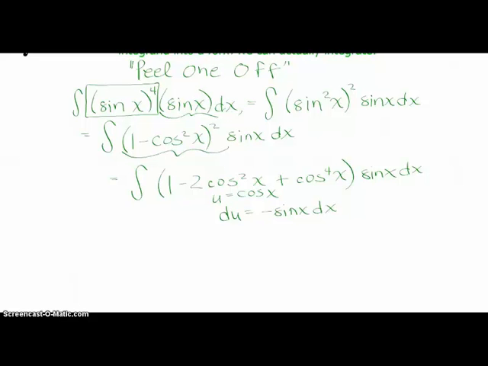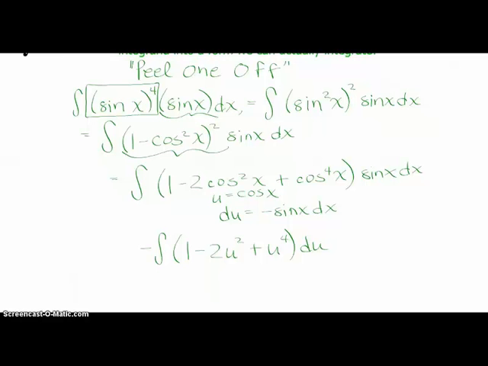So everywhere that I see cosine, I'm going to write u. So this becomes 1 minus 2u squared plus u to the 4th times du, and I'm off by a negative. And now we know how to do this. This is just power rule.